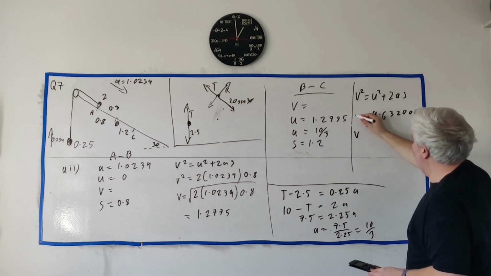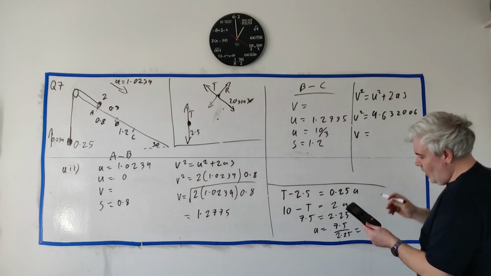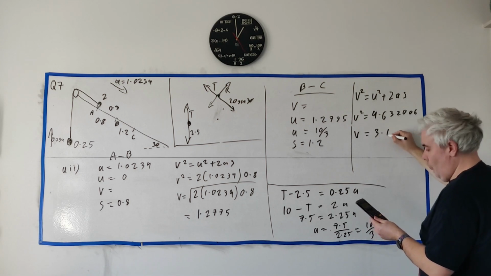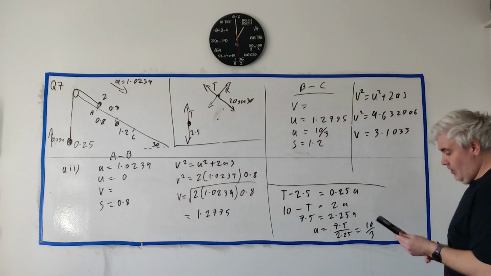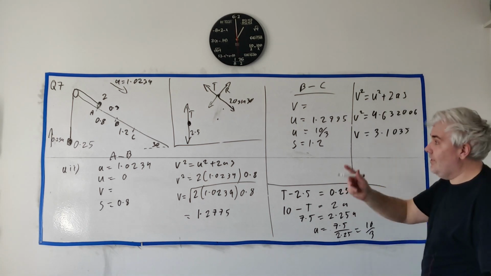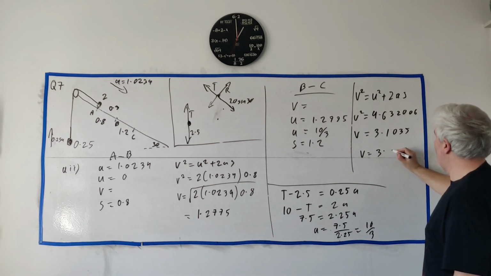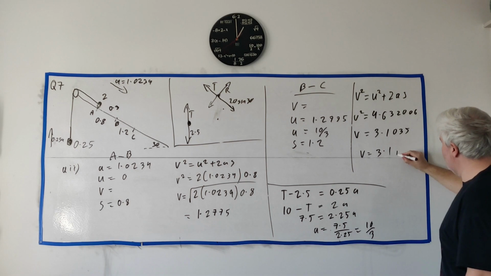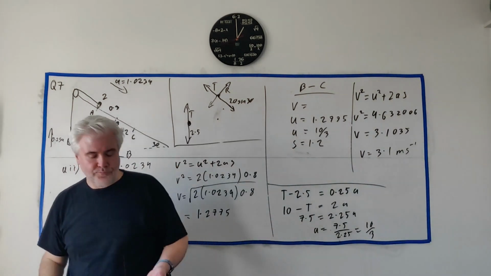Get the square root of that. v is equal to the square root of all this, and that is just 3.1035. This is the answer they wanted. So let's round it off. v is equal to 3 significant figures, 3.10 meters per second. That's the answer they wanted for this part.